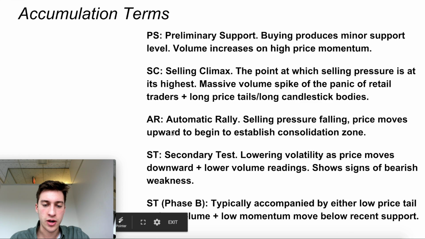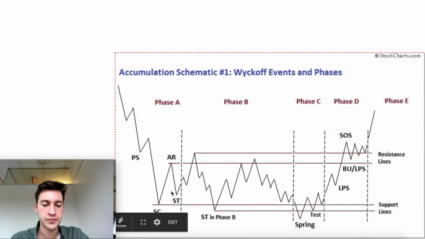After we get the automatic rally, we get 2 different kinds of secondary tests. The first secondary test is going to occur here. This secondary test is best if it either makes support at the selling climax or goes a little bit above, as you can see here. We don't want our first secondary test in phase A to move below our selling climax.